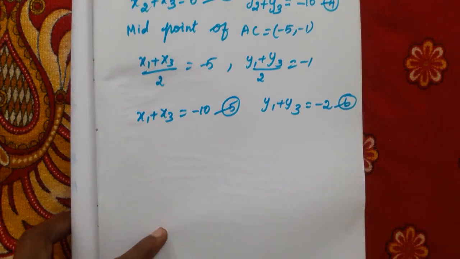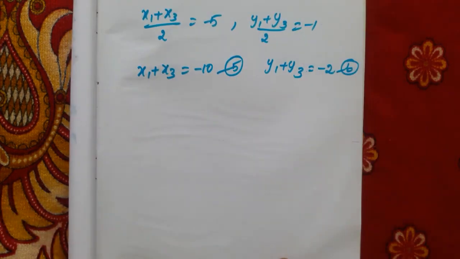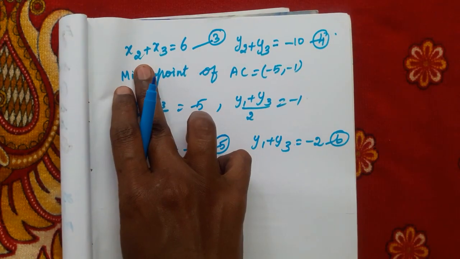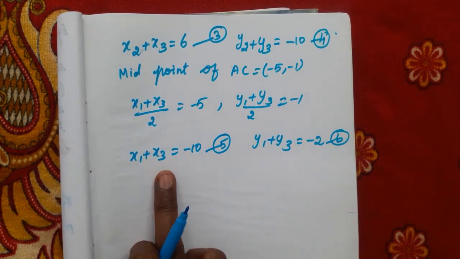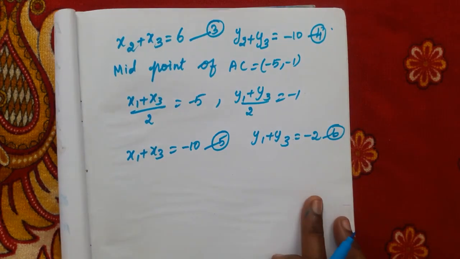Now, equation 1 is x1 + x2 is equal to 10. Equation 3 is x2 + x3 is equal to 6. Equation 5 is x1 + x3 is equal to -10.